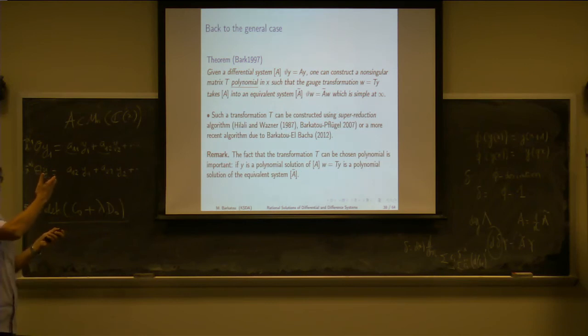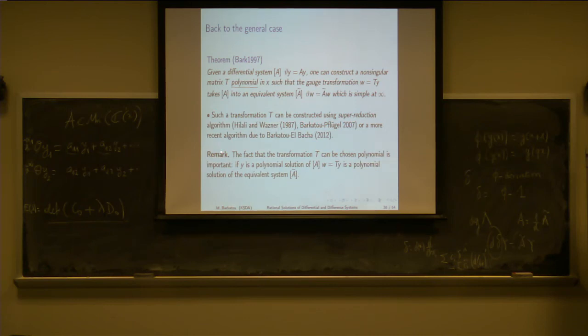I'm not using, of course, the cyclic vector. And this transformation can be constructed using the so-called super-reduction algorithm due to Hilali and Wazner, and myself who proved it. There is a lot of work between these two, but anyway, this one is a good reference that gives an alternative way to compute this super-reduced form.